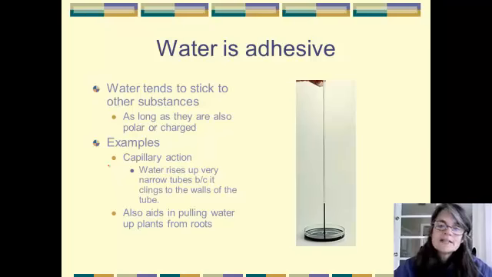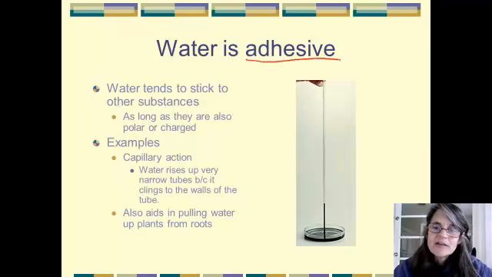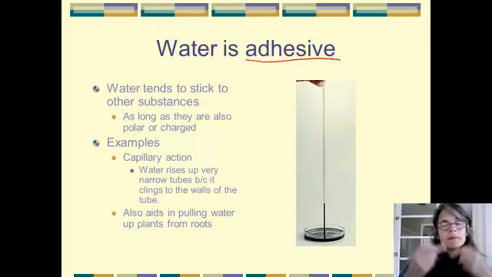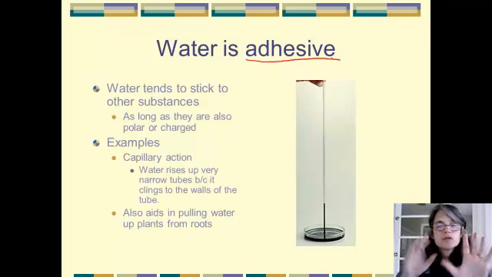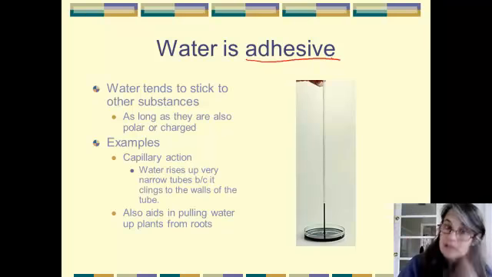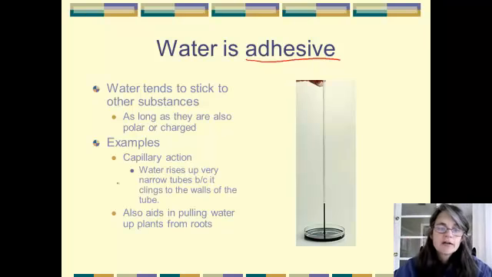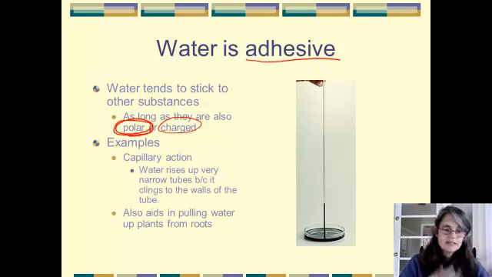Additionally, water is adhesive. Now, if cohesive means water molecules stick to each other, water being adhesive means water will stick to other things as long as the other things are also polar or have a charge. Imagine trying to stick a magnet onto a piece of wood. The wood's not magnetic, so the magnet has no attraction to it.